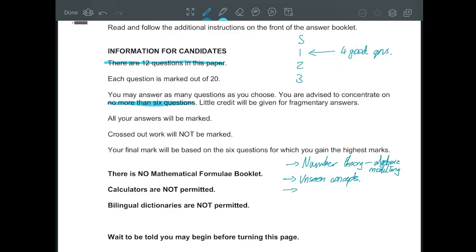I was particularly happy with the statistics questions, which really at this level are really just probability questions. I knew that was a strength.